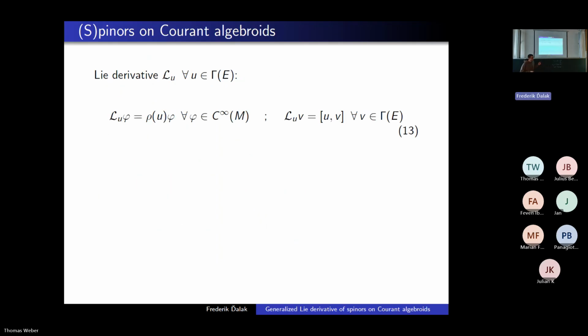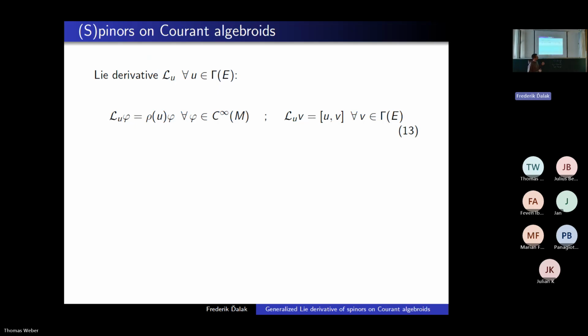Now there is a natural way to also define a Lie derivative in this generalized setting on Courant algebroids. So you can compute the Lie derivative in the direction of any section U of the Courant algebroid. The way it acts on functions is provided by the anchor. The way it acts on sections is given by the bracket of sections.